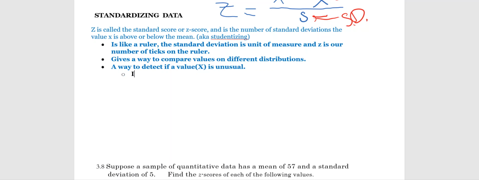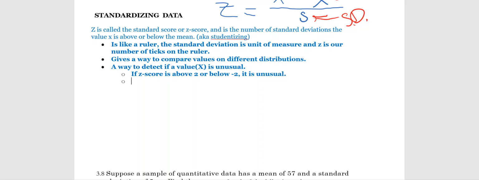If your z-score is above 2 or below -2, we call this person unusual. And if you get more than 3 away, you're very unusual.